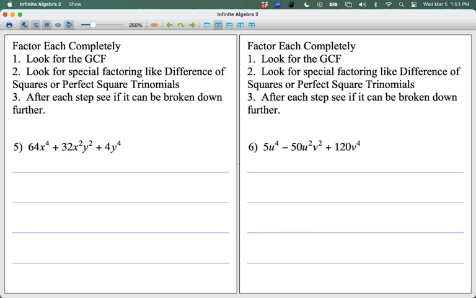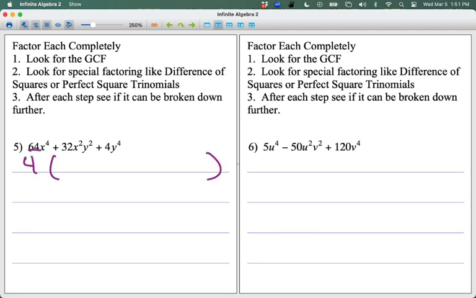Number 5, we're going to start off with the greatest common factor. What can I take out of 64x to the 4th and 34x squared y squared and 4y to the 4th? There's not a y in all of them, and there's not an x in all of them, but I can take a 4 out of all of them.